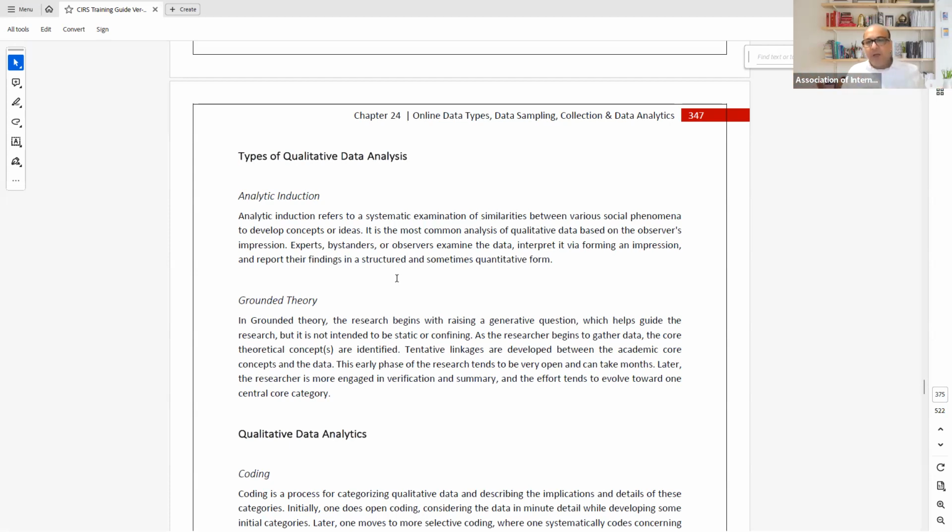That may require a longer period of time rather than minutes and hours. It could go for days and months also. So, coming back to ethnographics, or embedding yourself in a situation being observed for a longer period of time, that is grounded theory. So, analytic induction and grounded theory, two types.